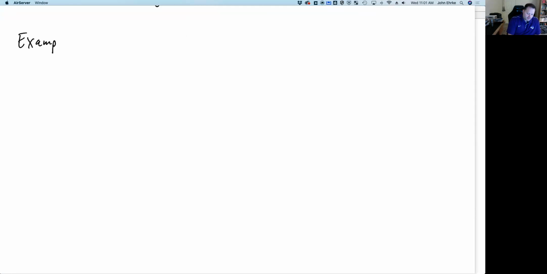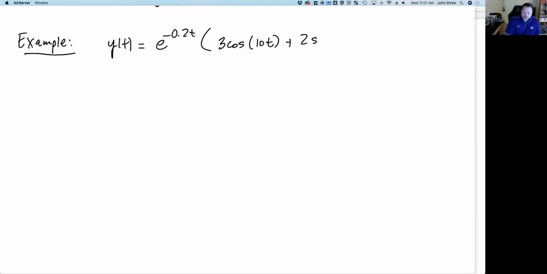The example that I'm looking at here is y of t equal e to the minus 0.2t, times 3 cosine 10t plus 2 sine 10t. I just want to do a bunch of analysis here, and then we'll try to actually answer the question that's being asked. My first piece of analysis is I want to write it in that single wave form. So I've got e to the minus 0.2t.